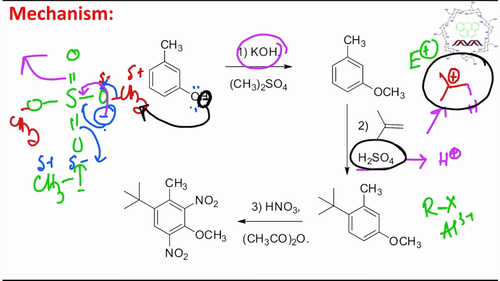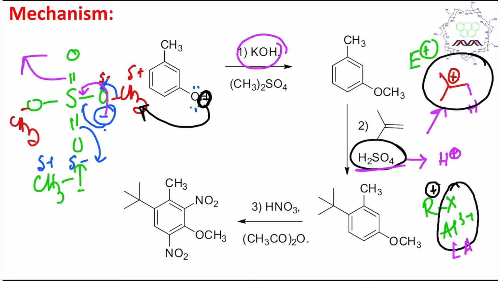Why? Because this RX is abstracted by aluminium 3 plus such that it can produce R plus, which is the actual electrophile. But in this way, based on our smart choice, not a Lewis acid, we have used sulfuric acid and produced this carbocation. It's a relatively stable carbocation, and that's how it can undergo the reaction.